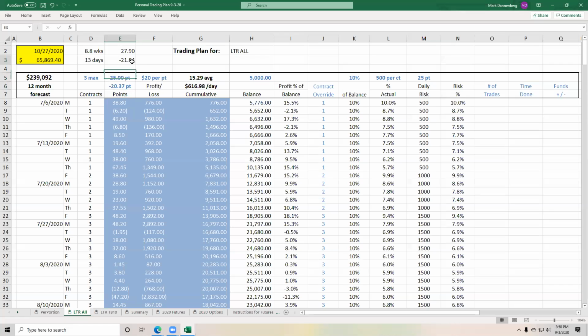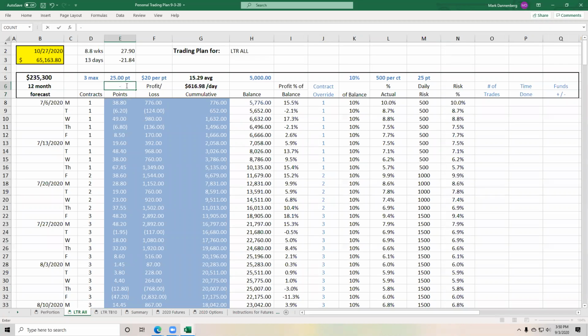My losing days are averaging 21.84, and that actually factors in an excess number of losing days beyond the forecast. That's factored in that calculation. We're going to adjust this calculation also to factor that in. So the losing day average is 21.84, so I want to adjust my average going forward for the forecast to 21.84.